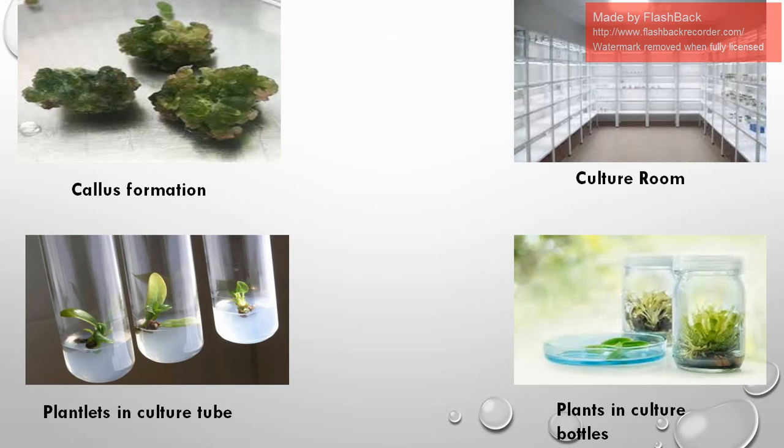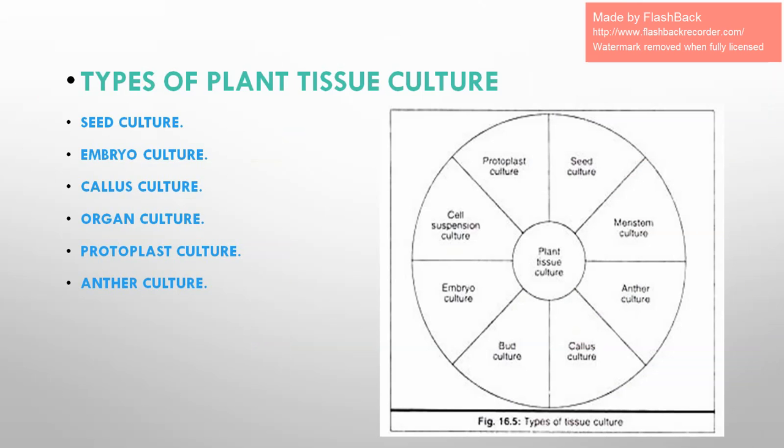Then here are pictures showing the callus formation, the culture room where we incubate the culture bottles, and the types of culture bottles and culture tubes which we require for growing the plants.